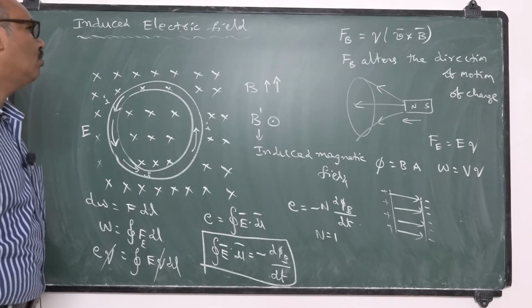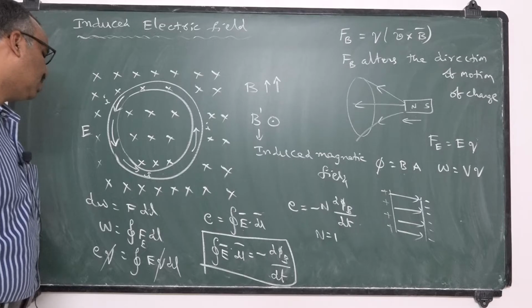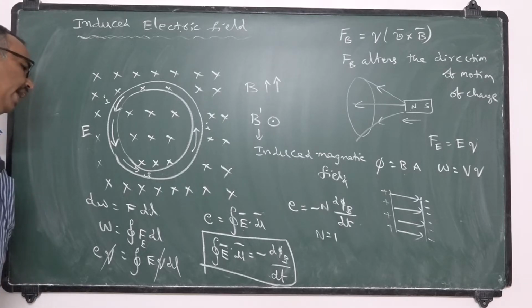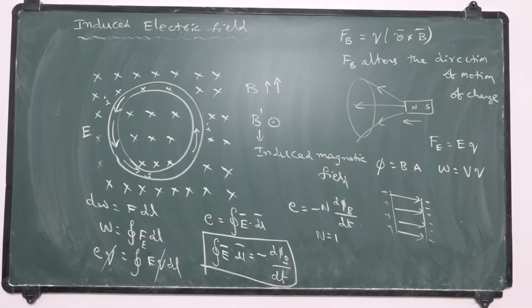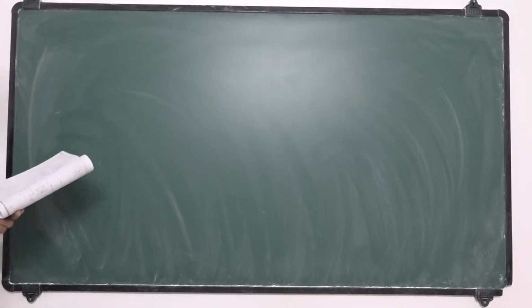Now let us solve one or two problems based on this to have more idea about the induced electric field. Let us solve one problem based on induced electric field.